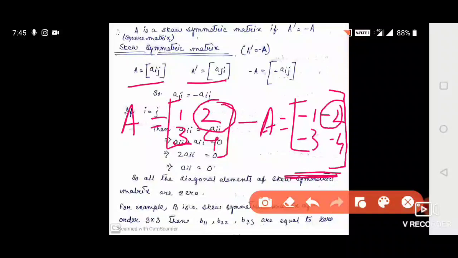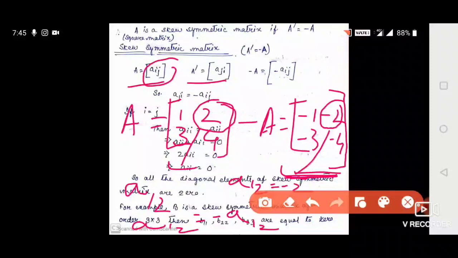So here 2 is A12 and here A12 is minus 2. So A12 is equal to minus A12. So if A is represented by Aij, then minus A will be represented by minus Aij.